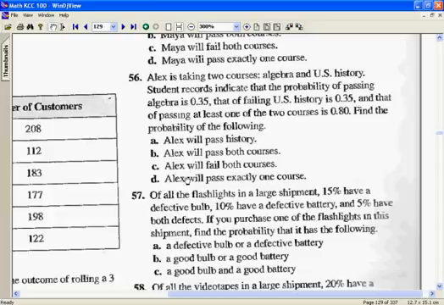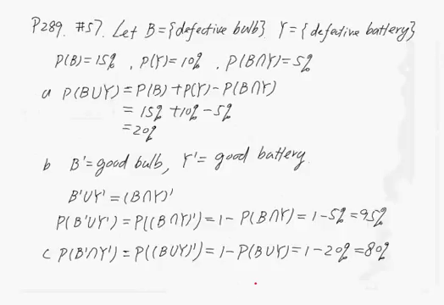So let's first define the 2 categories, right? Define the 2 sets according to these 2 categories. So one is passing history, another one is passing algebra. Okay, so let's go to the whiteboard.